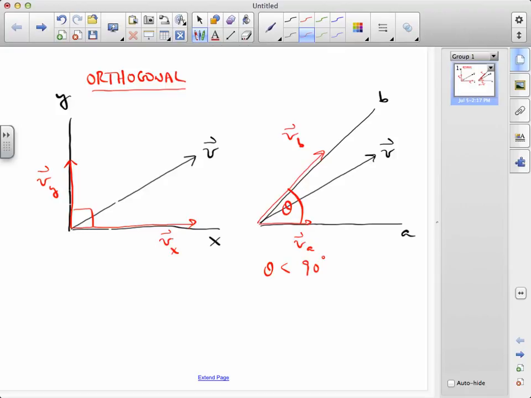On the right side, we have a non-orthogonal decomposition of vector v in an a-b coordinate system with the angle between axes a and b theta less than 90 degrees. There is a component of Vb in the a direction, and it's equal to Vb cosine theta. This obviously goes to 0 as theta goes to 90 degrees and the system becomes orthogonal.